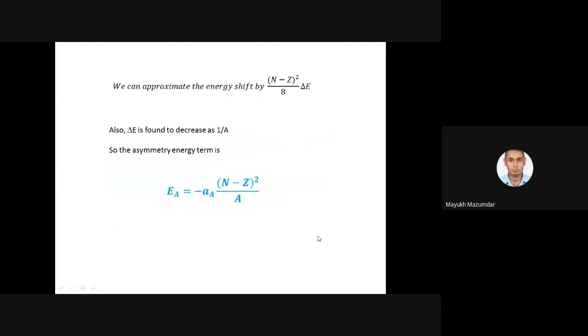So it was approximated that the energy shift is approximately (N minus Z) squared by 8 times delta E. They just tried to give an approximate mathematical expression to this.